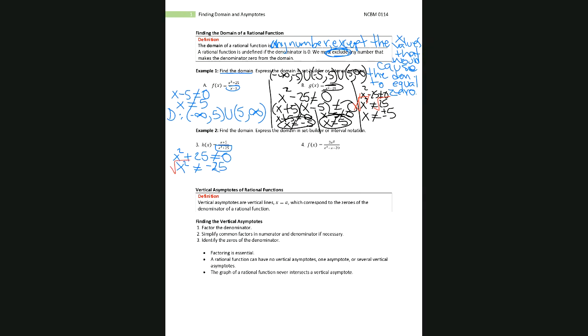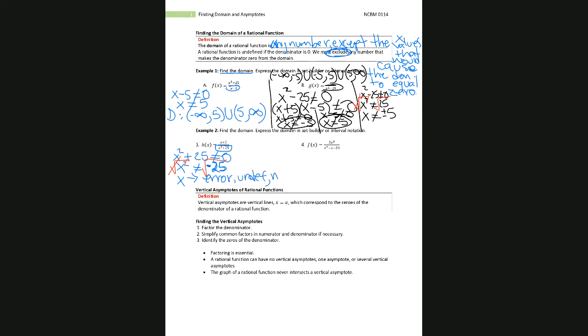And so right here, we're going to run into some issues because we cannot take the square root of a negative number. If you put that on the calculator, it will say error, or it might say something like undefined, or no real solution.